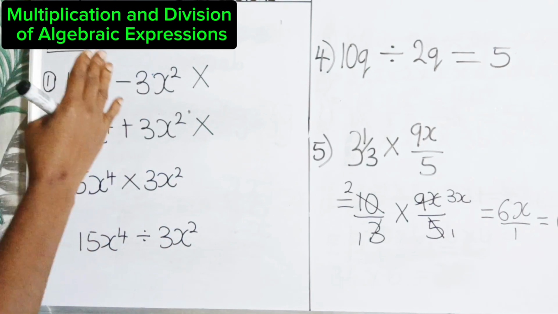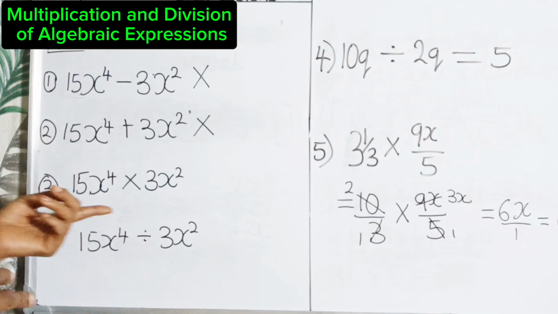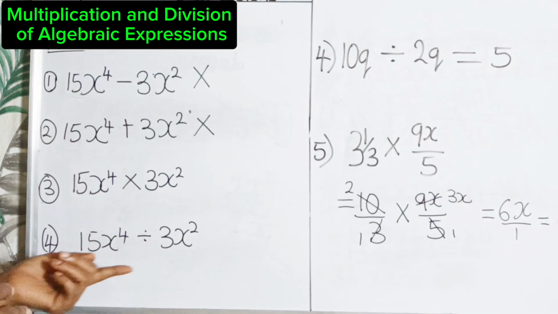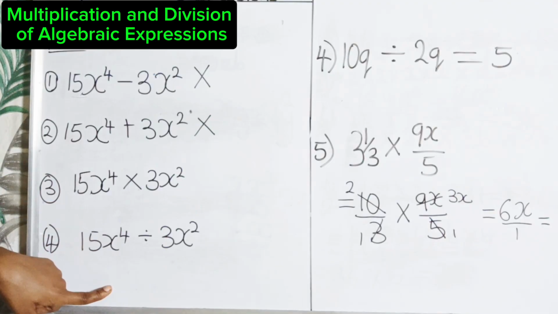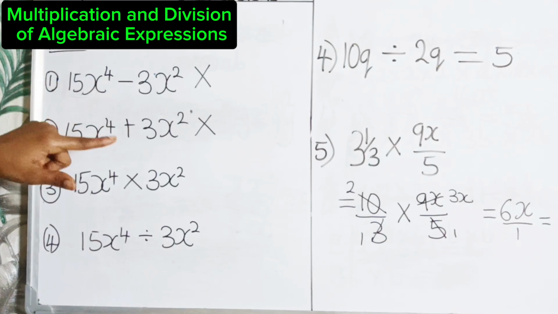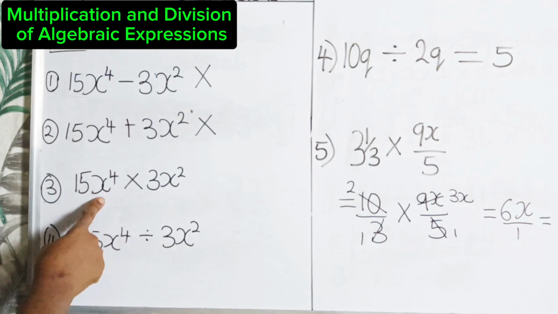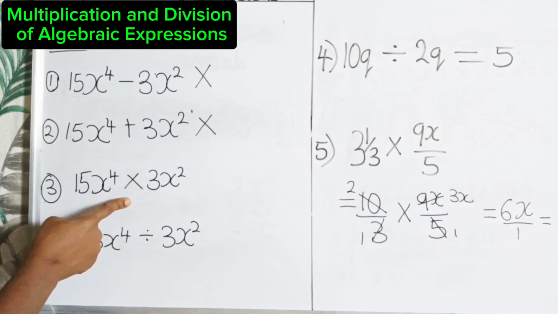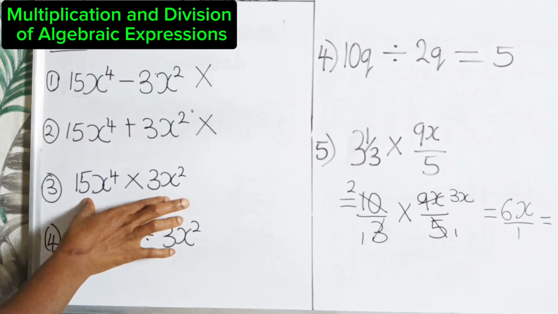Now, I am taking my time to explain this because I do not want you to be confused about multiplying coefficient by coefficient or dividing coefficient by coefficient. That is only applicable in multiplication and division of algebraic expressions. It is not applicable in subtraction and addition. Now, here we have 15x raised to the power 4 multiplied by 3x raised to the power 2. This can be simplified.